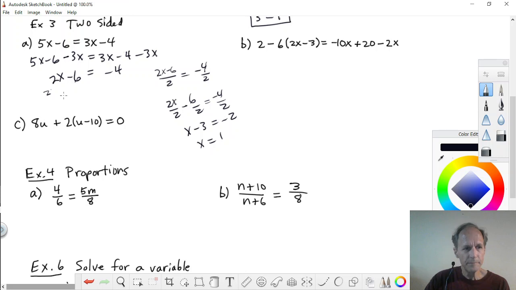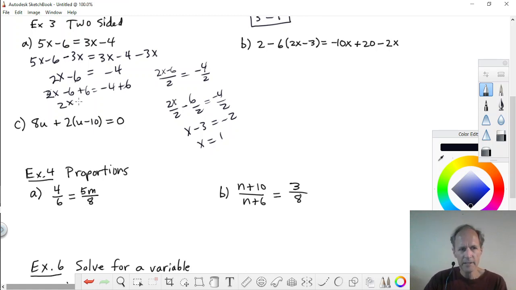So, yeah. This is 2x minus 6. We're going to add 6 to both sides. So we get 2x on the left.